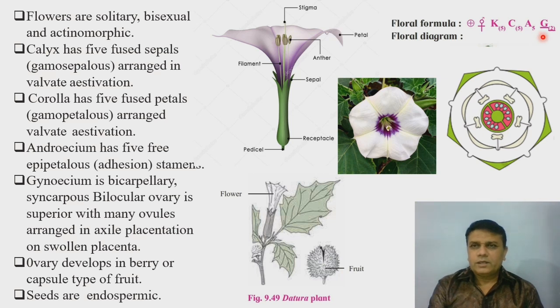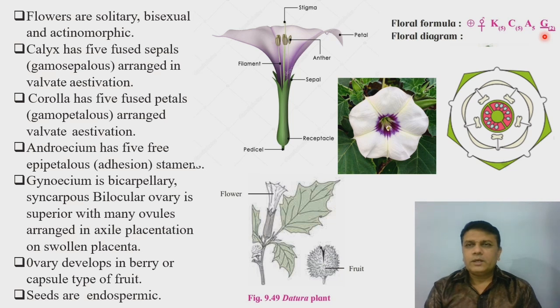Then the G symbol indicates that the gynoecium ovary is superior. Now superior ovary means the different floral parts develop from the lower side of the ovary. Hence the ovary is superior in position, and in the bracket the number 2 is given. That means the gynoecium contains 2 fused carpels.